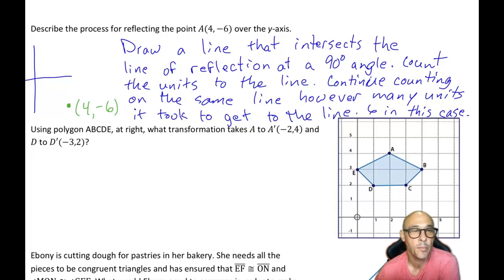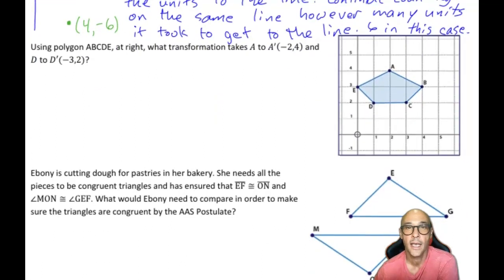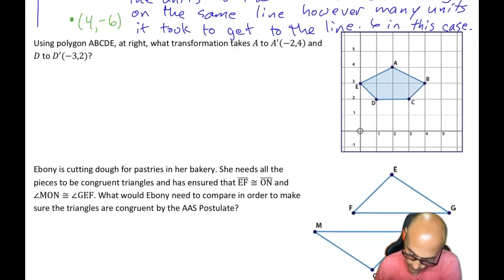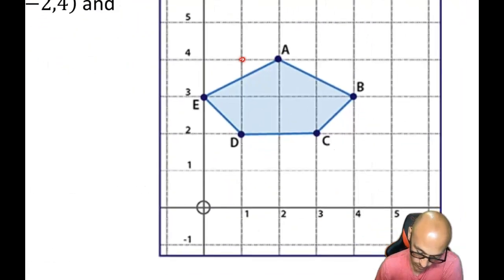All right, using polygon ABCD at right, what transformation takes A to A prime, which is (-2, 4), and D to D prime, (-3, 2)? So A goes to (-2, 4), which is right here.